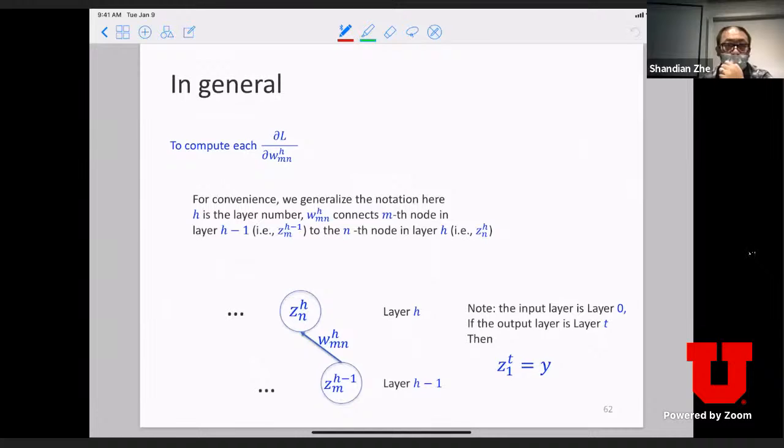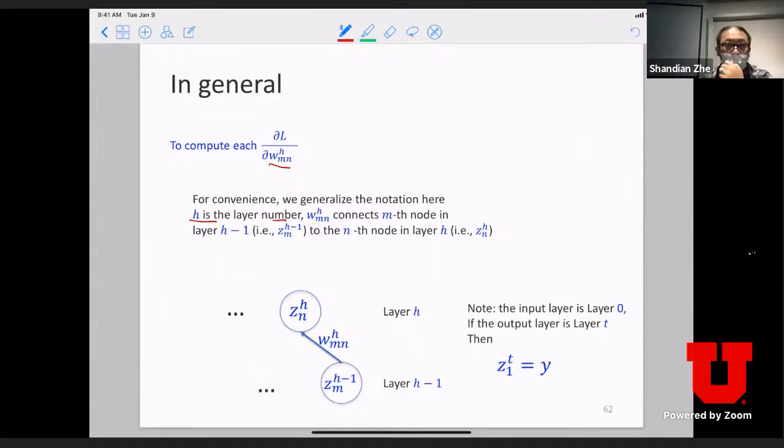So in general, we want to compute each partial L over partial WMNH. Here I want to emphasize notation because I don't want anyone to be confused. It's really important. For convenience, we generalize notation here. H is the layer number, an integer.